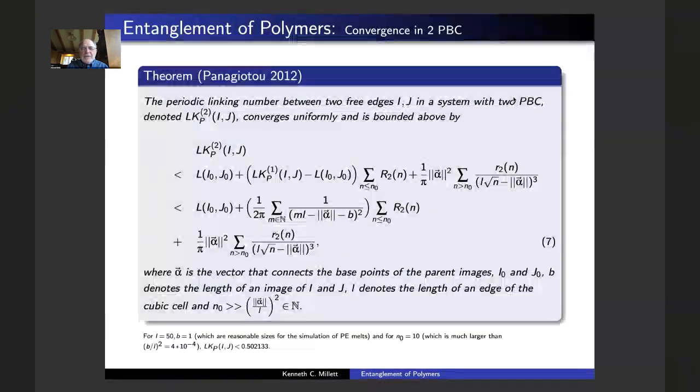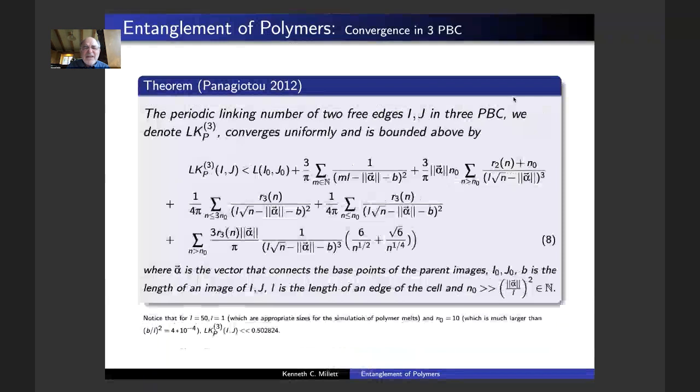Okay. And so the result is an estimate that looks like that, which is, at least for some of us who are topologists, somewhat terrifying. But Eleni manages to do analysis and even more, as we'll see in her third theorem.